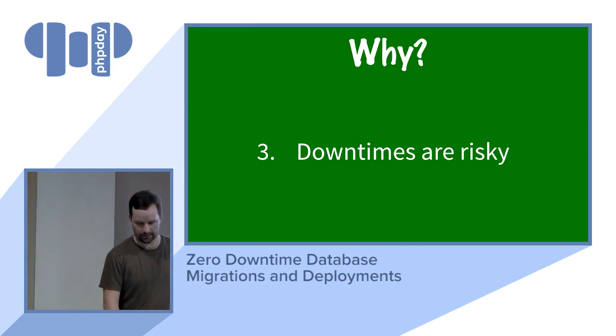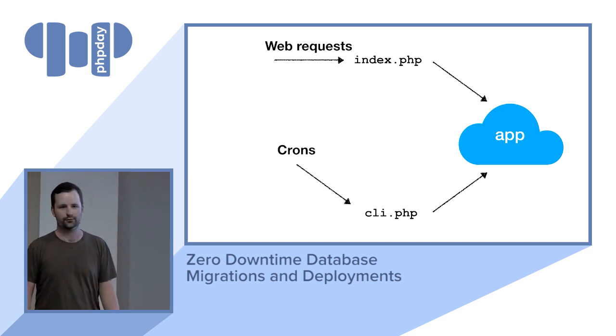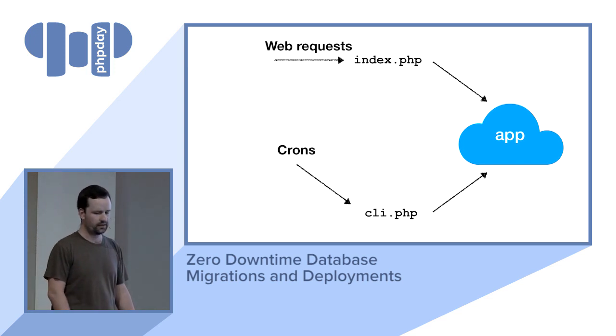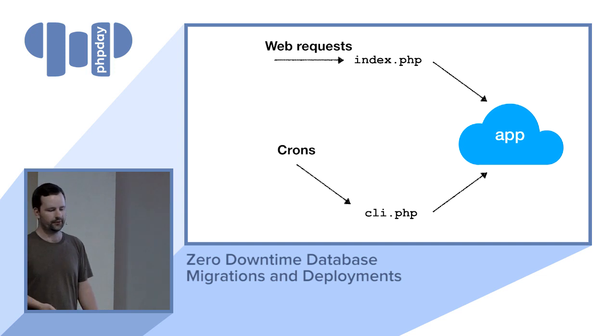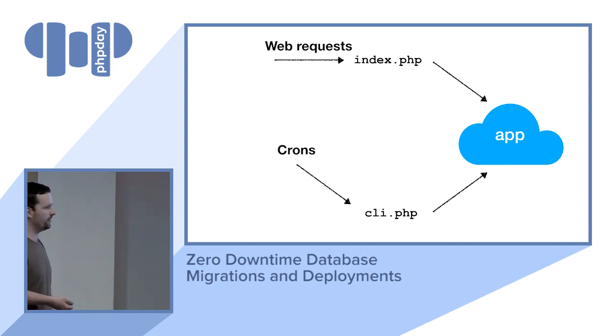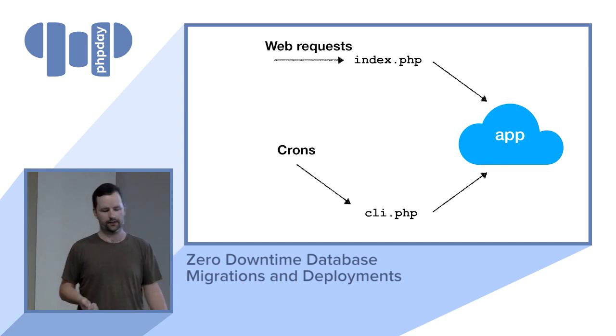Okay, I have a real story for you. A few years ago, we wanted to improve our downtime process, and we wanted to make sure that nothing uses the database during the downtime. So we disabled all entrances to the application, which means that index.php displayed a maintenance page with an estimated time when the site will go back up.